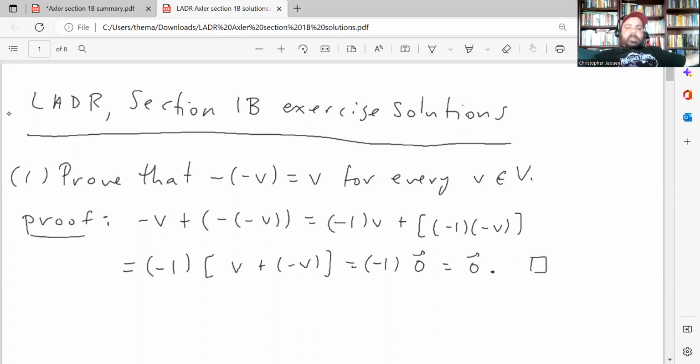That's another thing we proved in the chapter itself, and that shows that v plus negative v is 0. All you have to do to finish this up is add the additive inverse of v to both sides of the equation here, and you get what you want. So that's question number 1.